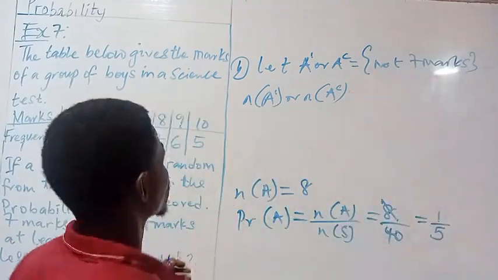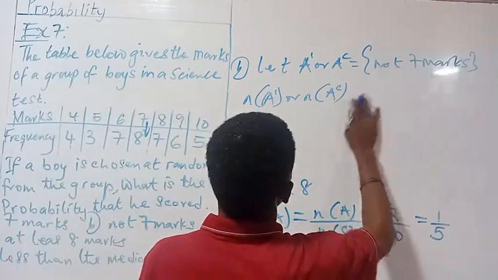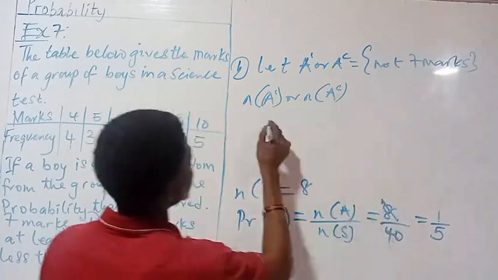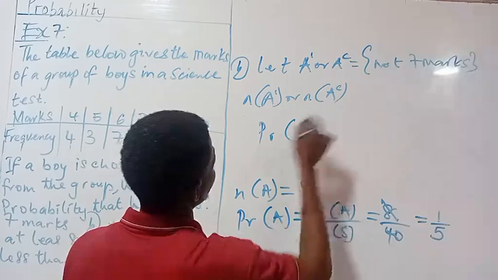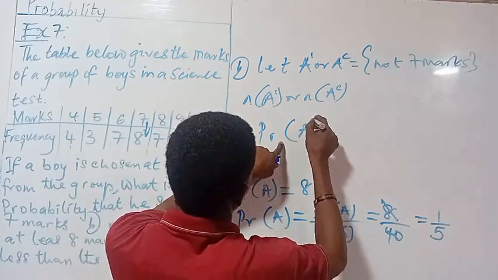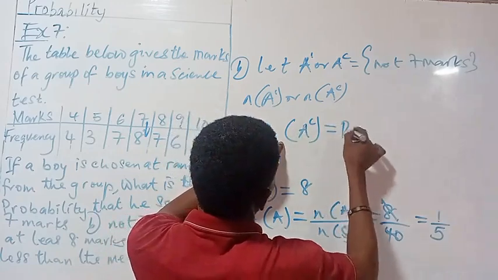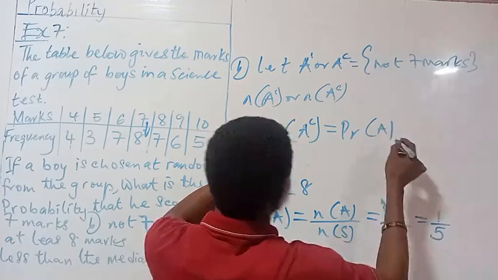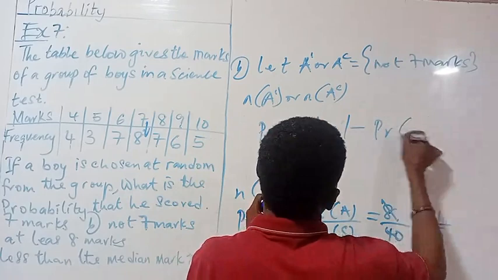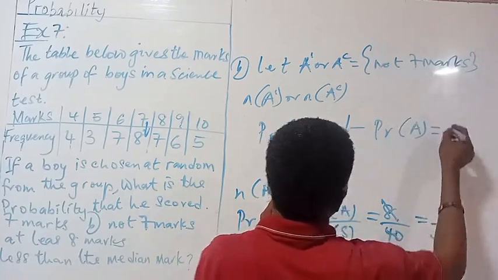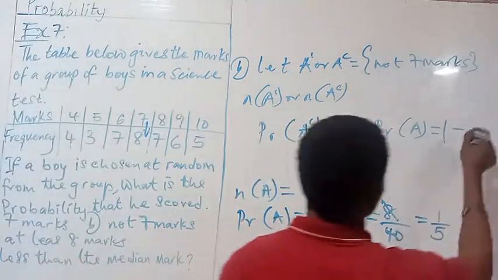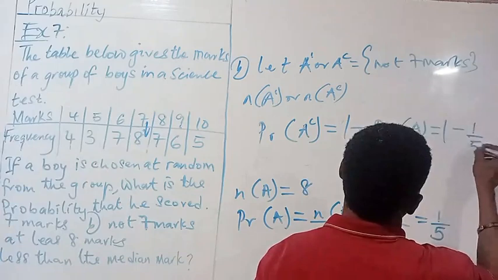Not 7 marks is supposed to be the probability of A complement, which is 1 minus the probability of 7 marks. So we have 1 minus. Now, what is the probability of 7 marks? We have it to be 1 over 5.